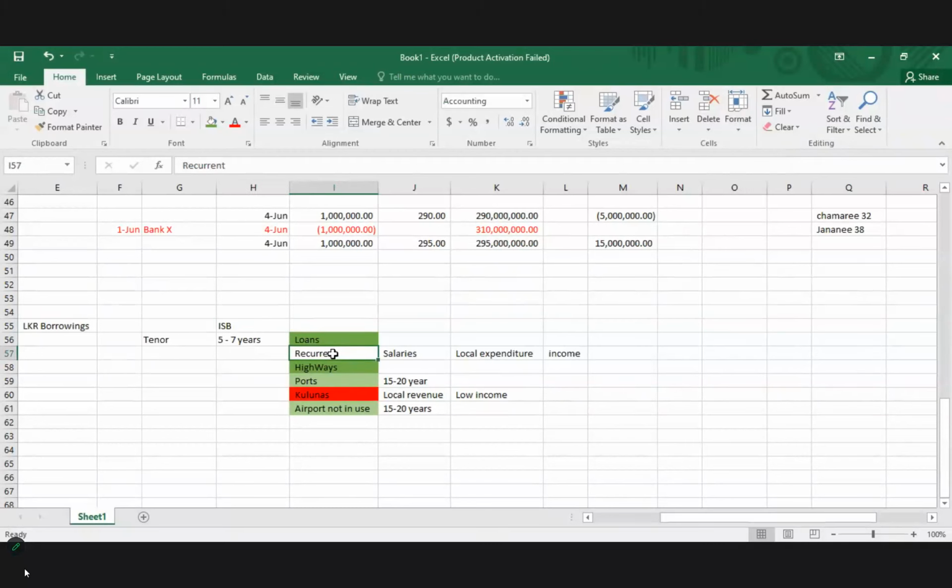Now here, borrowing for recurrent expenditure is a big no. Because if you are borrowing, then you have to have an income generation avenue. This doesn't have an income generation avenue. Government services cannot be serviced through borrowings, should not be, because government sector salaries per se will not generate any income.